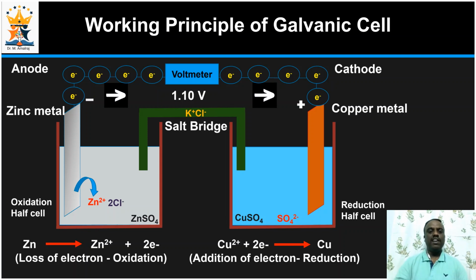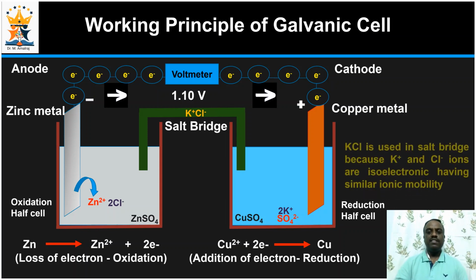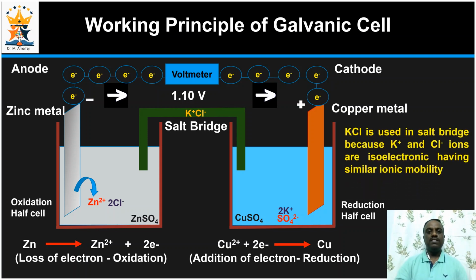So chloride ion moves towards the oxidation half cell and counterbalances the positive charge produced. In the meantime, potassium ion moves towards the reduction half cell and counterbalances the negative charge produced. Particularly KCl is used in the salt bridge because K plus and Cl minus ions are isoelectronic in nature and have similar ionic mobility.